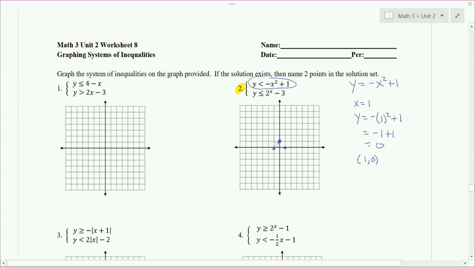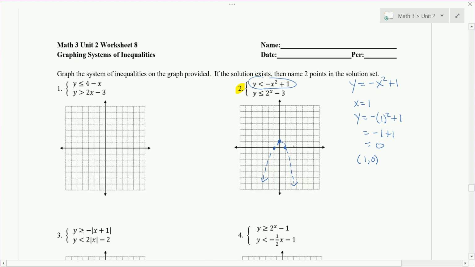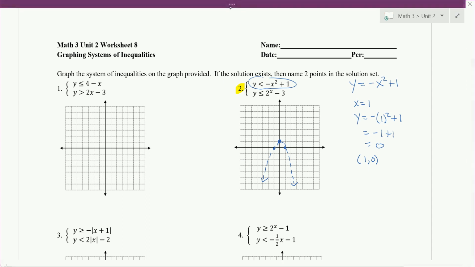And so I'm going to dash this upside down parabola. Lastly, because it's less than, we are going to shade below this graph, but I'm going to hold off for the shading until I'm done graphing the second one.